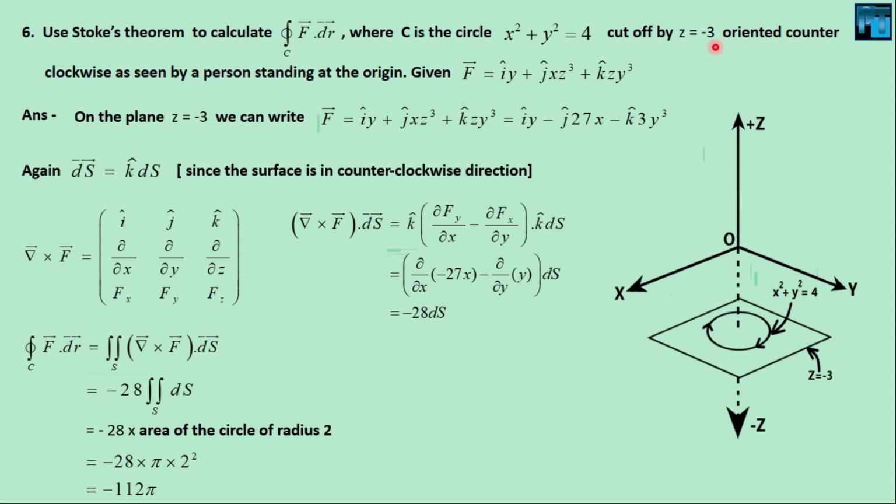Z equals minus 3 plane, or z equal to constant plane, means xy plane. Okay, now xy plane gives two directions, plus z and minus z. Since this is counterclockwise, plus z is fixed, so it is better to use the surface integral because only one component, k cap dS.